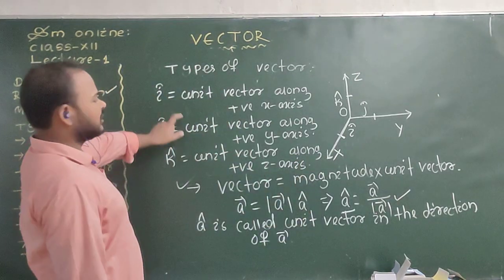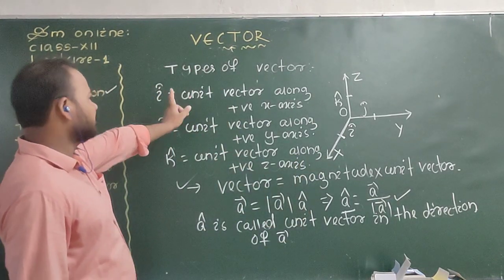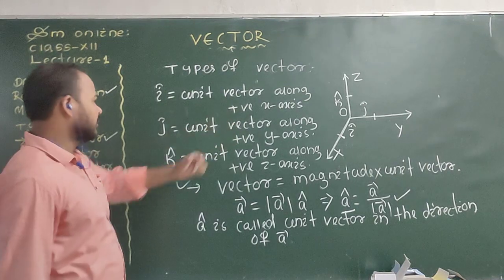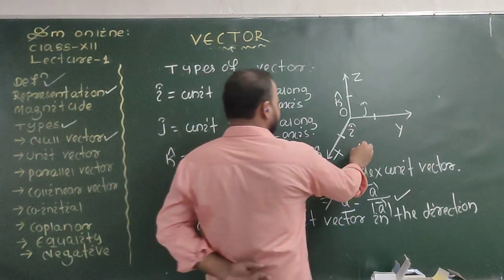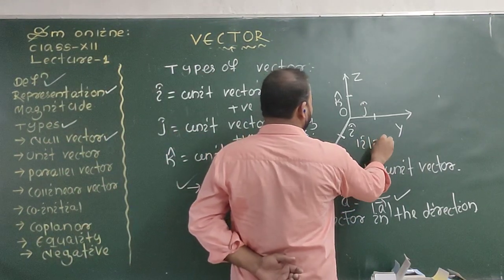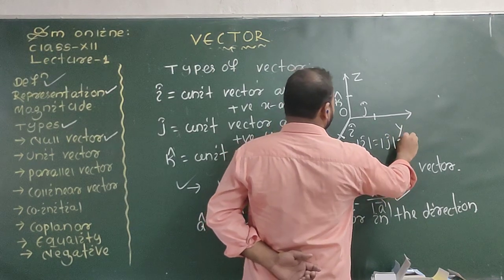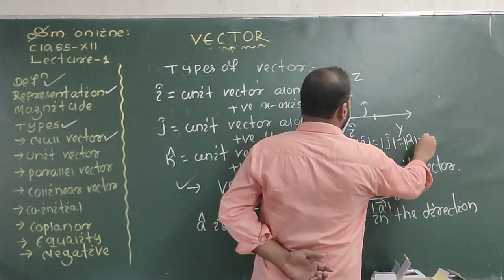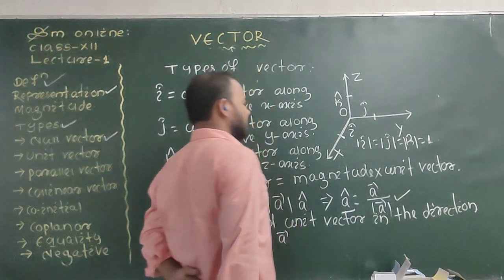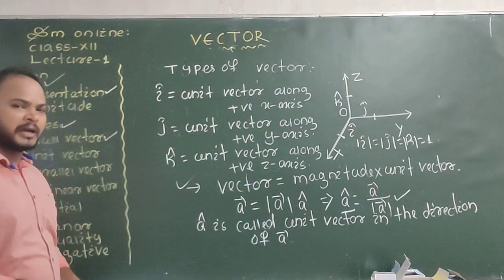Their magnitude is always 1, that is, the magnitude of I cap equals the magnitude of J cap equals the magnitude of K cap, which is always 1, because it is a unit vector.